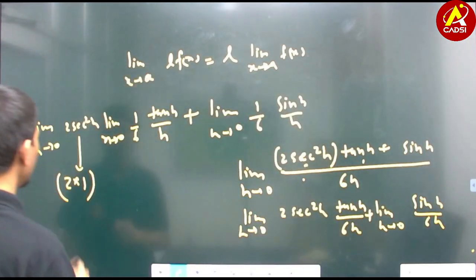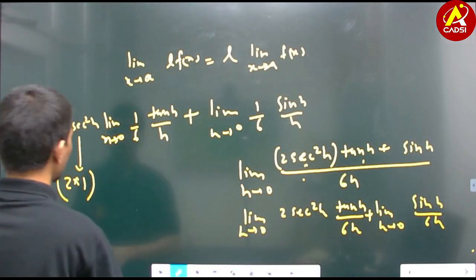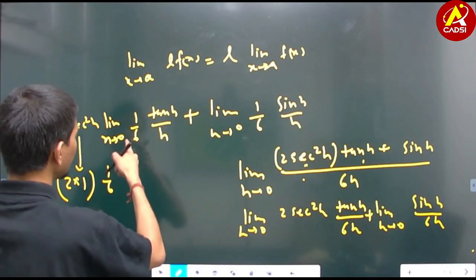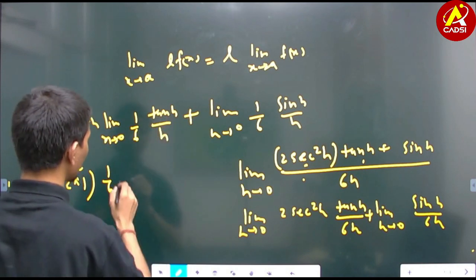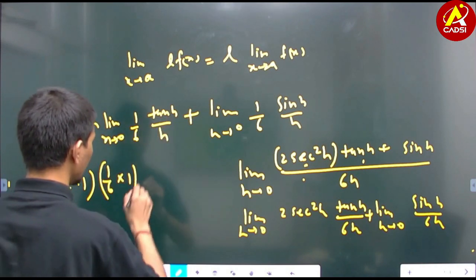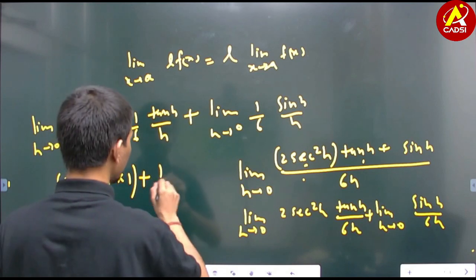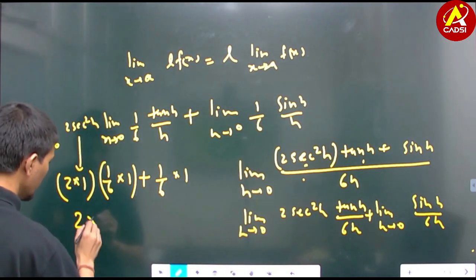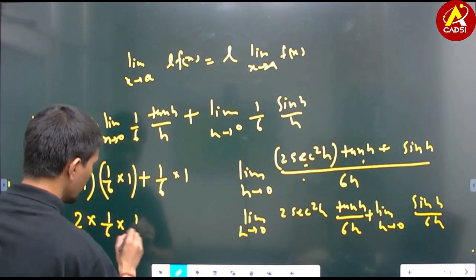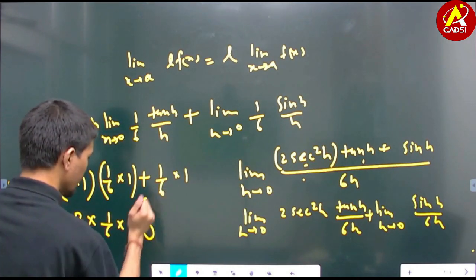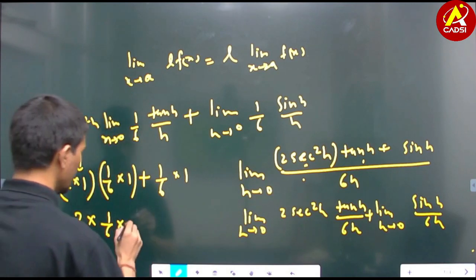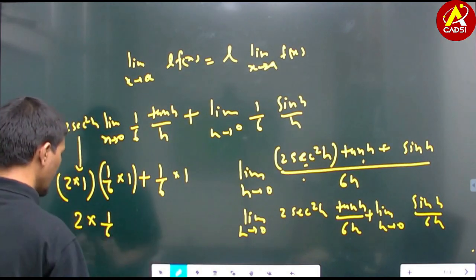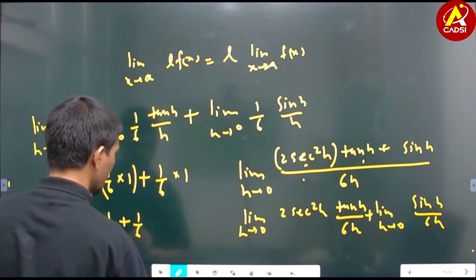So 2 into 1, now 1 upon 6, and the limit h tending to 0 of tan h upon h equals 1, plus 1 upon 6 into 1. So 2 into 1 upon 6 into 1, plus 1 upon 6.